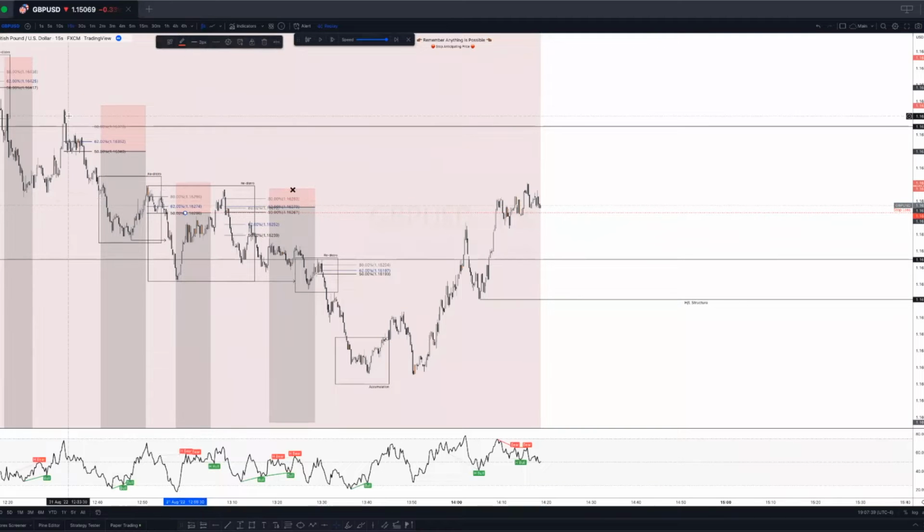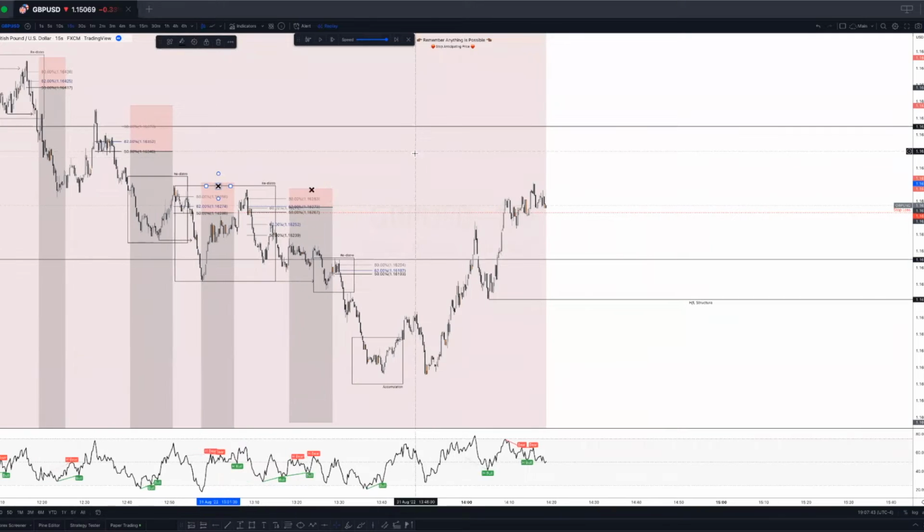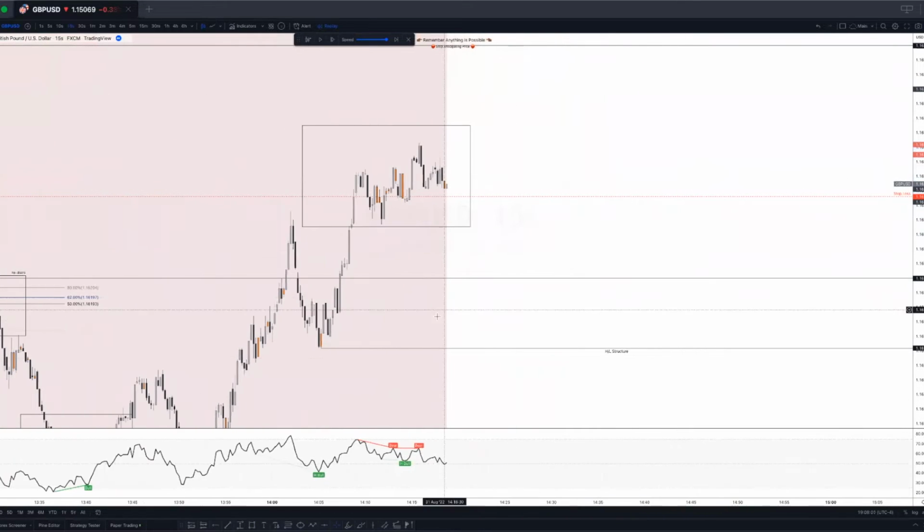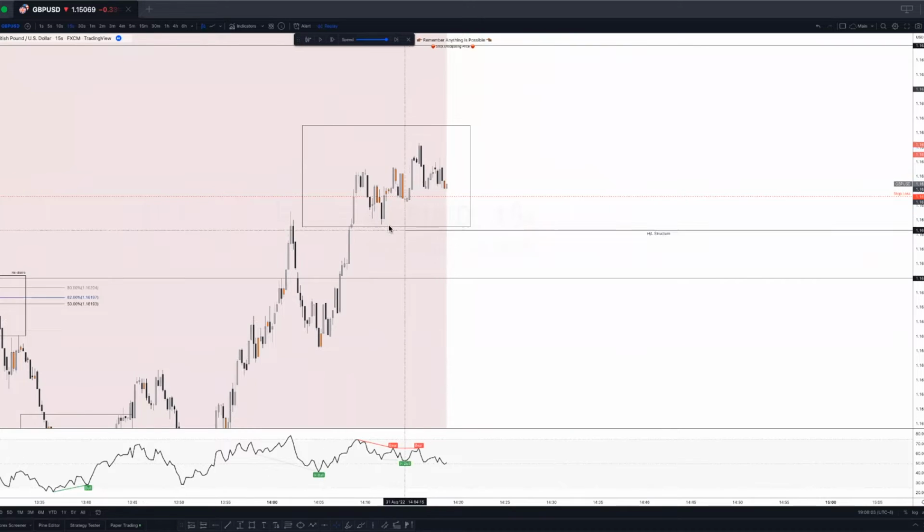I would have put this at break even for sure. Taken out of that one at break even, it could come up and tap us into this more premium trade. But right now, because it's in a point of interest, this looks like a distribution. I can see a schematic building out. I can see this as being my low.